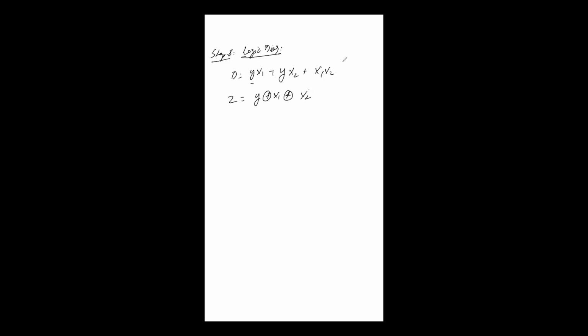Suppose you are having two inputs x1 and x2 here. You are having a D flip-flop here. This is your D flip-flop. Output of D flip-flop is y and y bar, right?